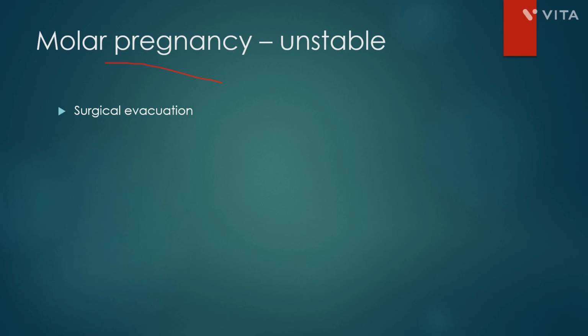Now, molar pregnancy in an unstable ongoing bleed, you do surgical evacuation. So you have to know what is a complete mole, what is a partial mole. Okay, complete mole means it is completely molar. There are no fetal parts. Partial mole means there are some fetal parts and some mole-like thing.